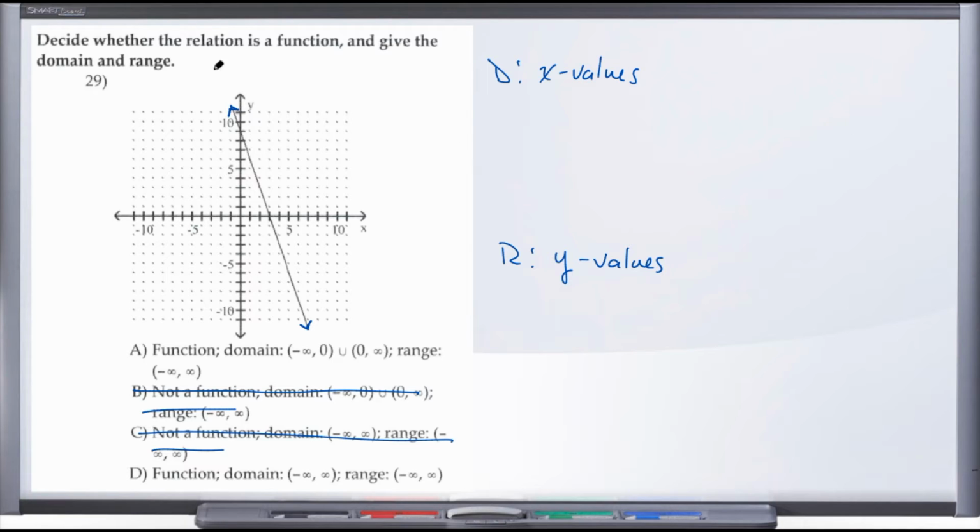Since this line goes in both directions, up and down, forever and ever, it never stops. As this line heads up, and it extends past this graph, what's happening with our x values? I'm randomly choosing a point here on the line. It looks like our x might be somewhere between 1 and 2. If we go up a little bit more, now our x is at 1.